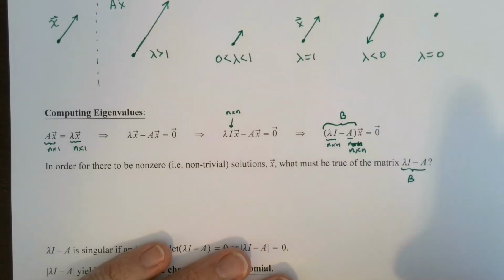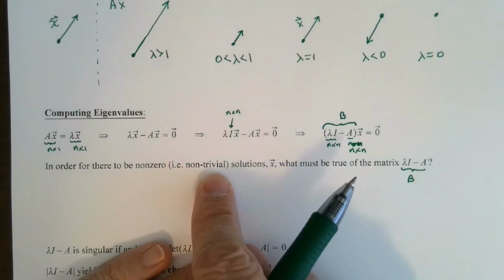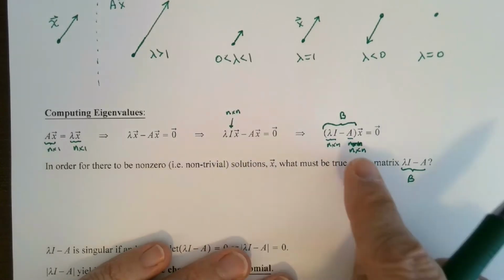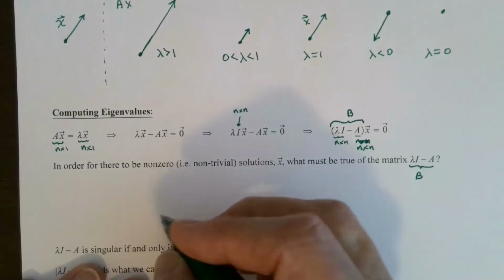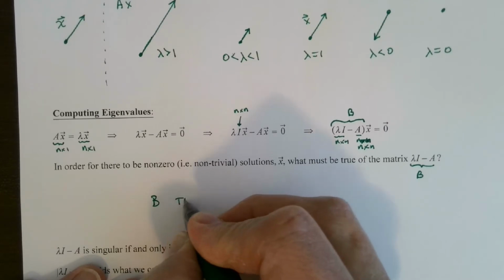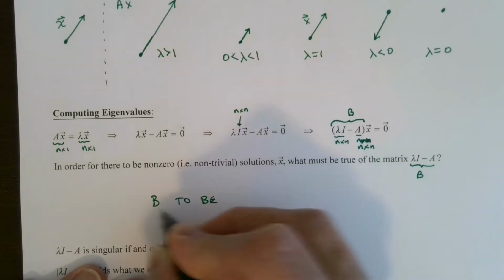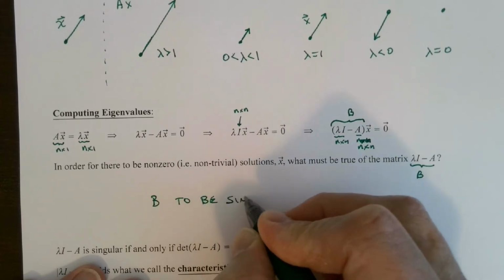Remember that list of equivalent statements? But we don't want the trivial solution only. We want non-trivial solutions. Bx equals 0 has non-trivial solutions if and only if B is singular. So we want the matrix B to be singular.